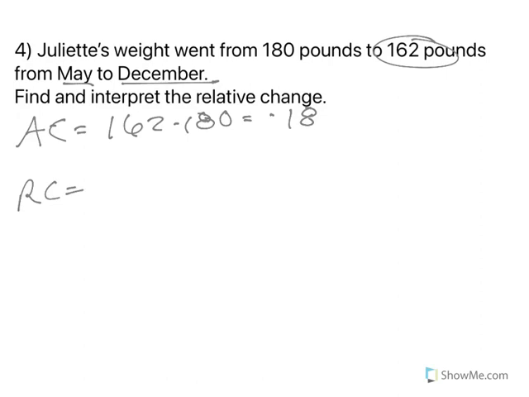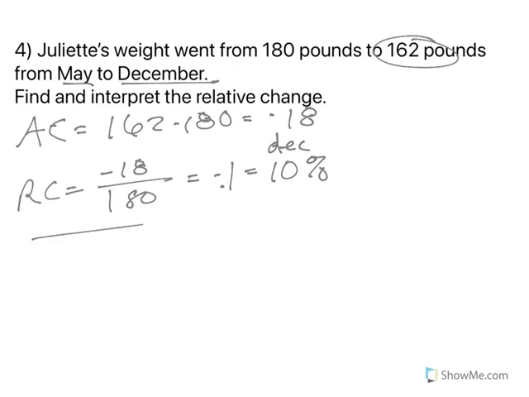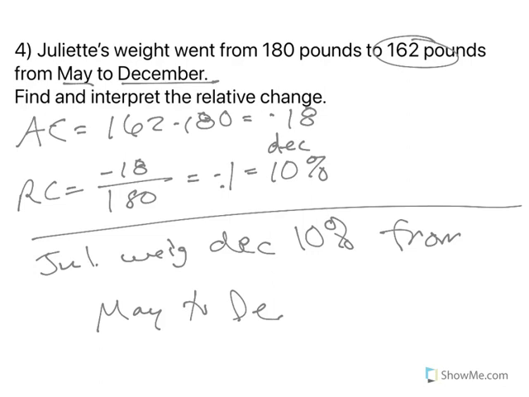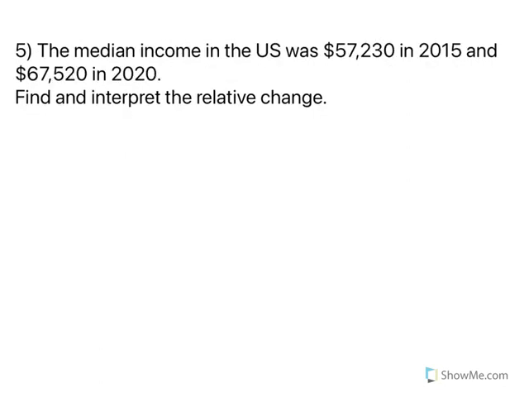So to find our relative change, we're going to take that negative 18 and divide by our old value of 180, and we get negative 0.1. So that is like a decrease of 10%. So the interpretation: Juliette's weight decreased 10% from May to December. That's what it means. Okay.